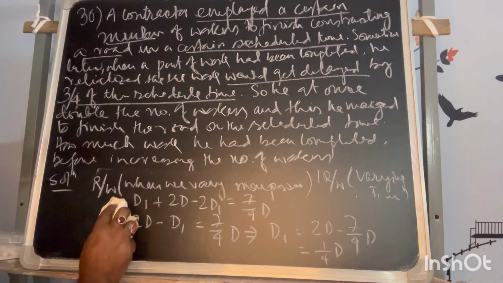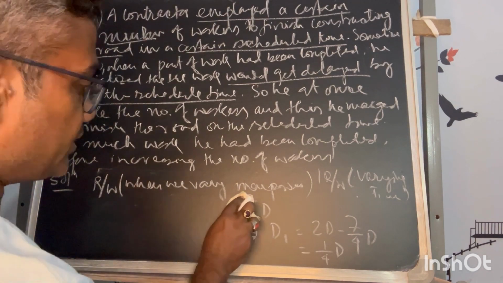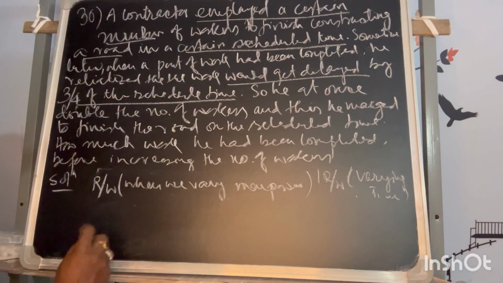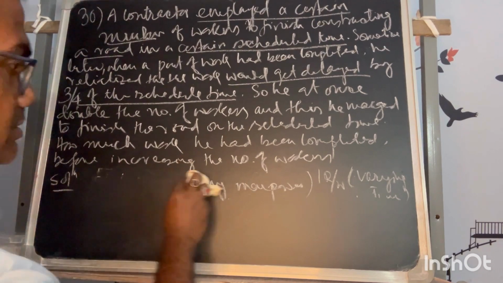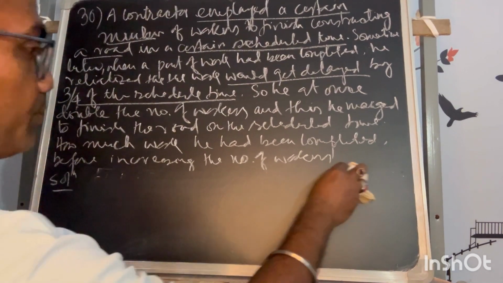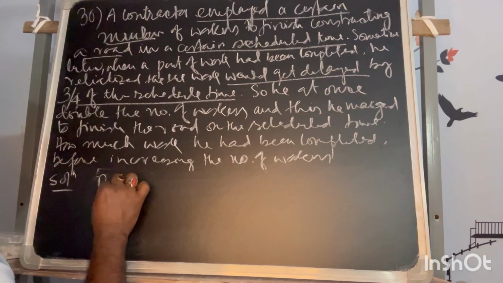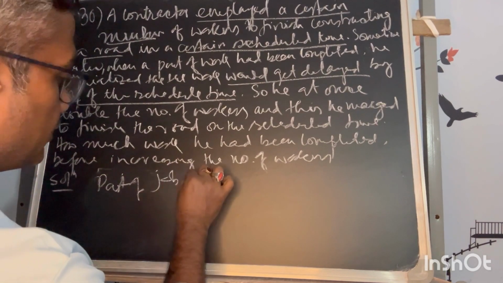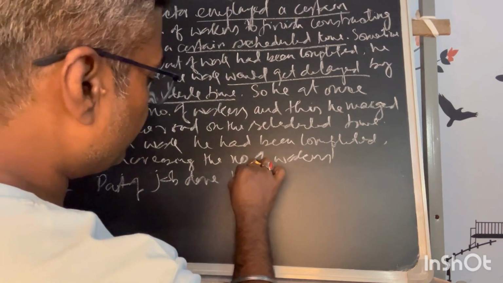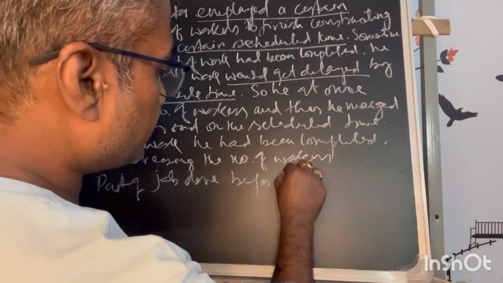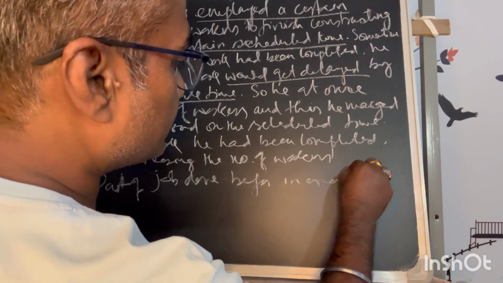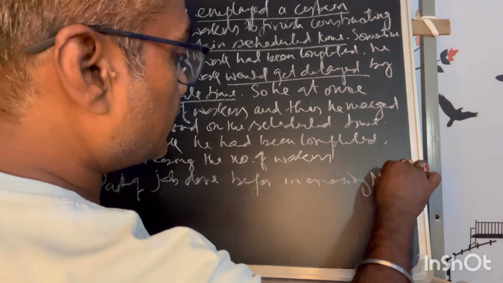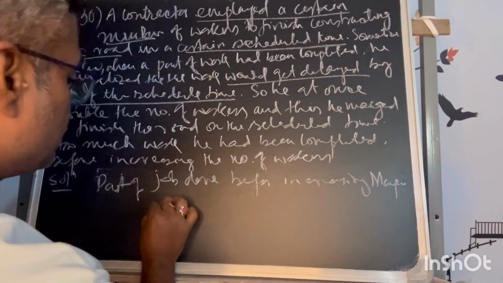So D1 is the days taken before doubling the manpower. So what fraction of the job did they do? The part of the job done before increasing manpower is equal to what?